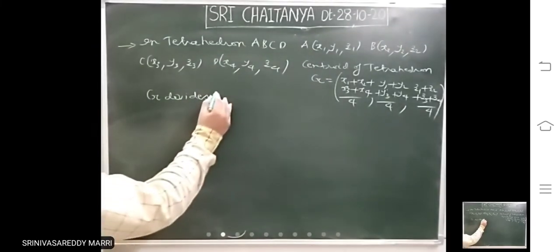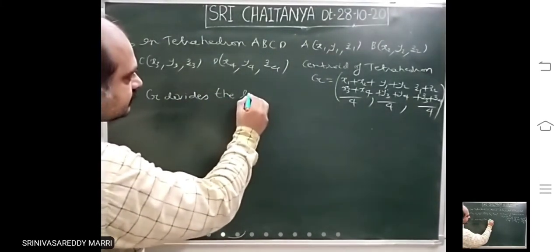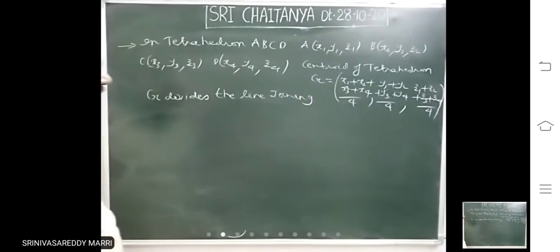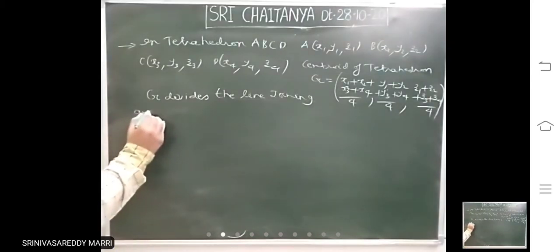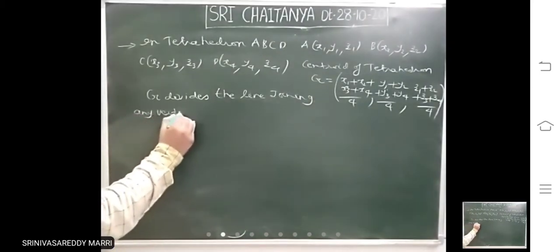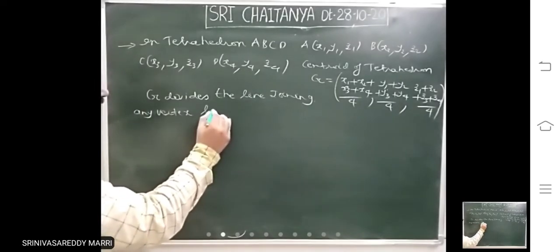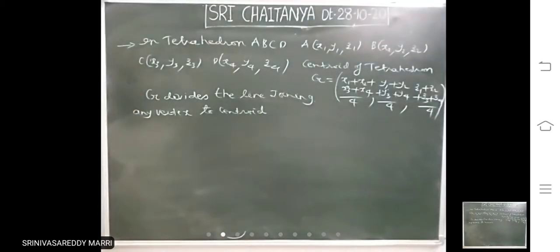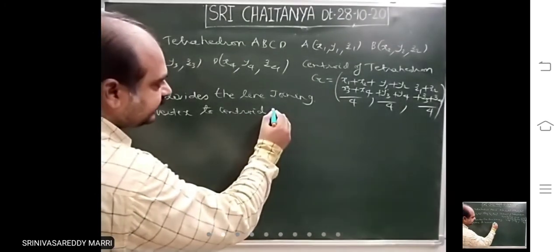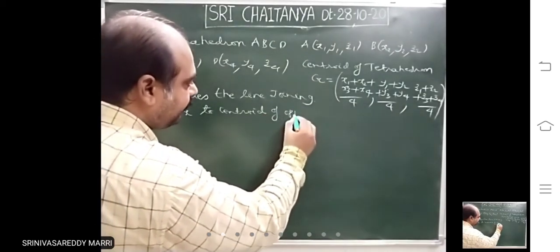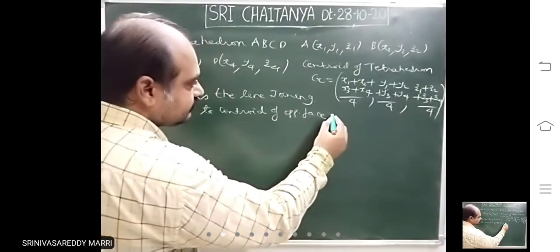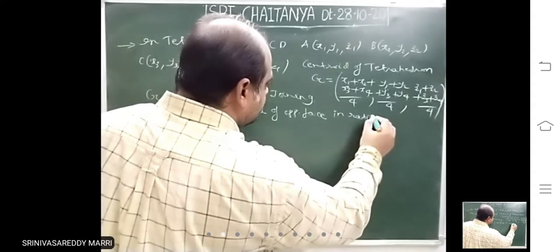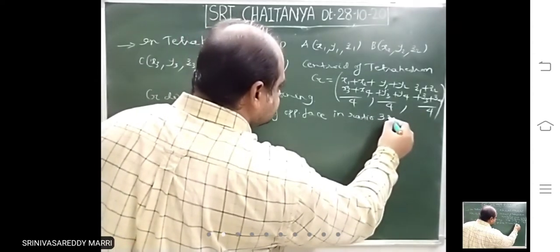G divides the line joining any vertex to the centroid of the opposite face in the ratio 3 is to 1.